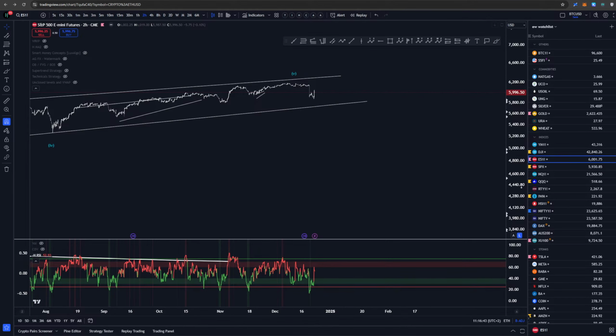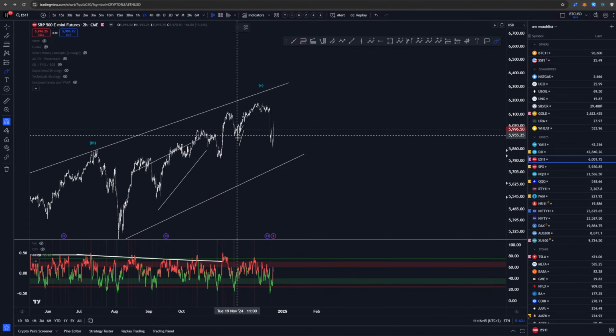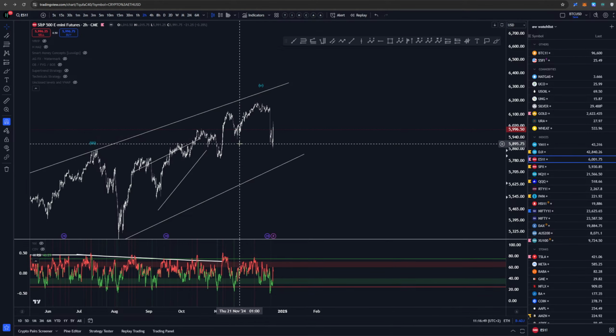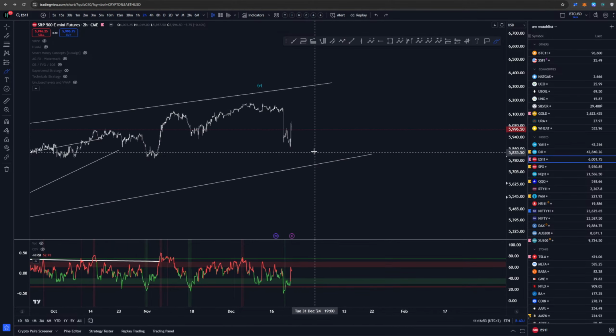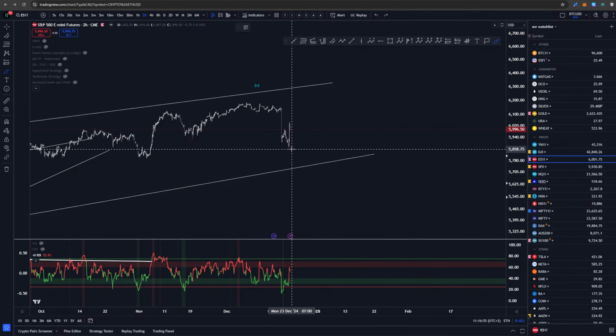Now this last drop, what we did is we took out liquidity from a previous low. With this drop, we found a low, we got a move up. This doesn't mean that this is now the bottom.